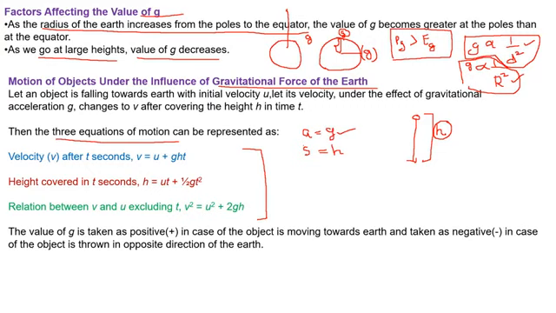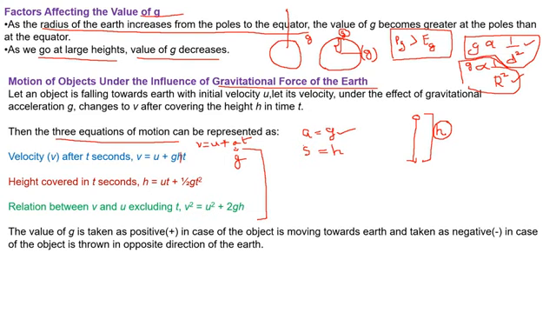And here v = u + at, so there shouldn't be any h over here. v = u + at, so this a will be replaced by g. There shouldn't be any h over here, children, so it is wrong.